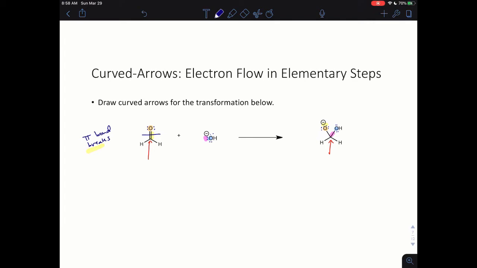Okay, that was a lot of analysis, so maybe I'll redraw the reactants and the products of this single elementary step. This happens in one elementary step. And I'll put back in my lone pairs, and now I'm going to draw the curved arrows. So we have these electrons on hydroxide.